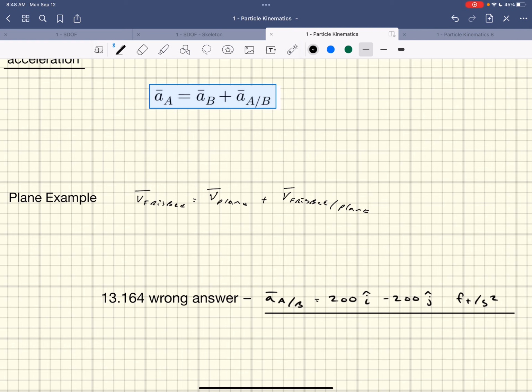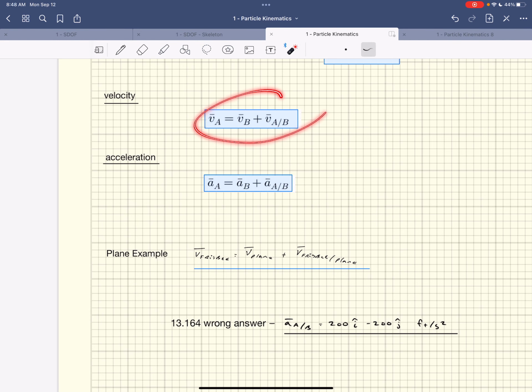Just applying that equation up above to logical reasoning. If I want the total velocity of that frisbee, I'd do the velocity of the plane plus the velocity of the frisbee as seen from the plane. That's all these equations are doing.